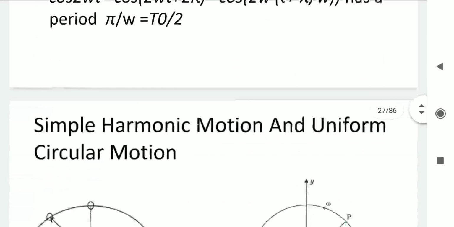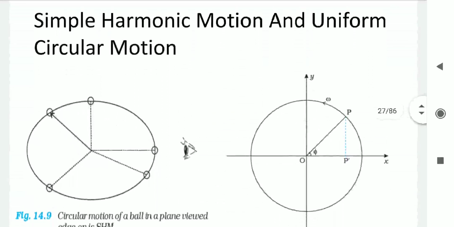Now let us understand simple harmonic motion and uniform circular motion. Here we are relating this harmonic motion with the circular motion. In the first diagram, as you can see, take one string, connect one end with some object, keep the other end in your hand and rotate the string. So we will get the circular motion of that object.